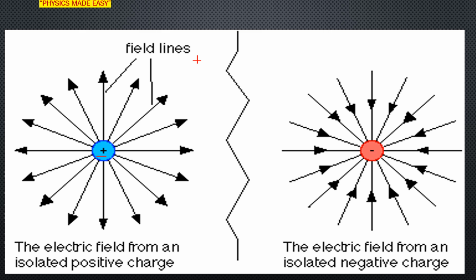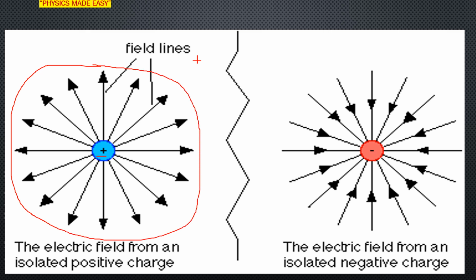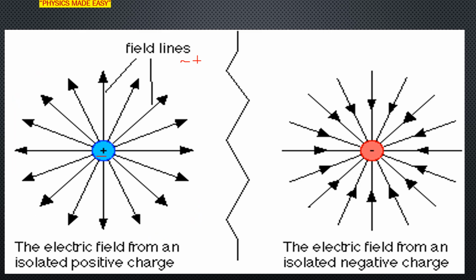For the source charge, there is the generation of an electric field around it, and this space is the region in which its electric field or its influence can be experienced. When the test charge comes in the space around the source charge, then the test charge will experience a repulsive force, and that repulsive force is radially outward.